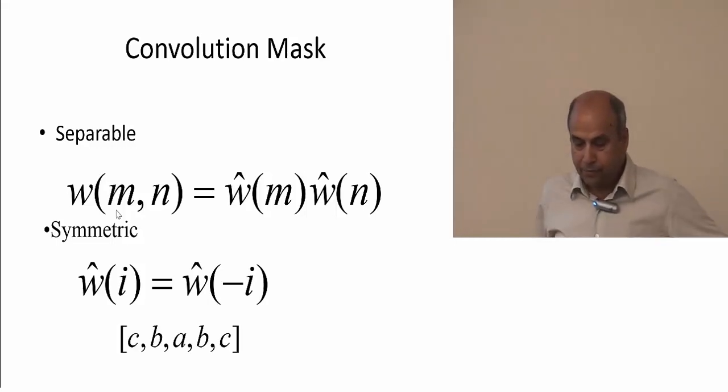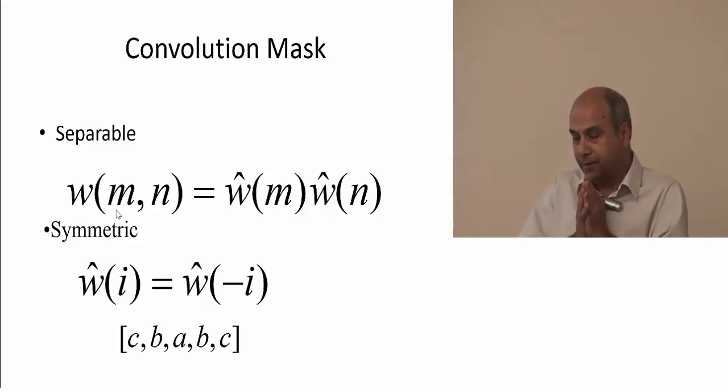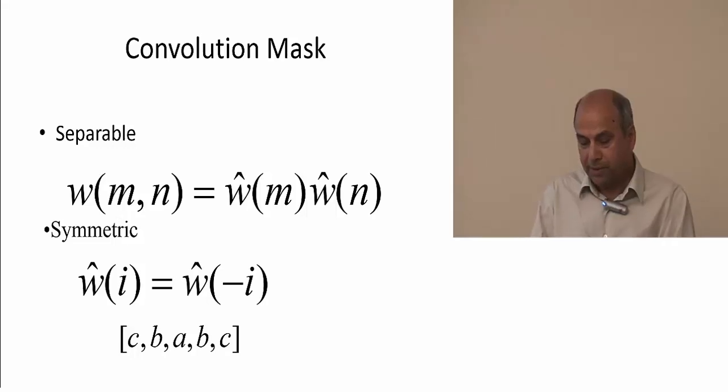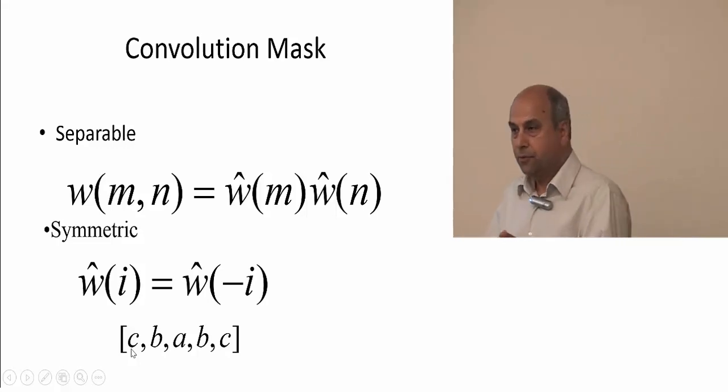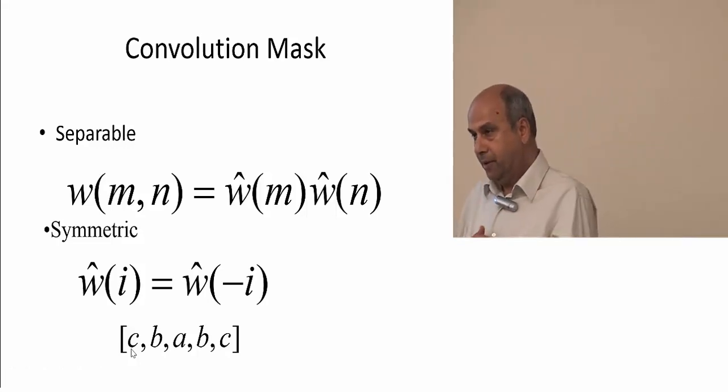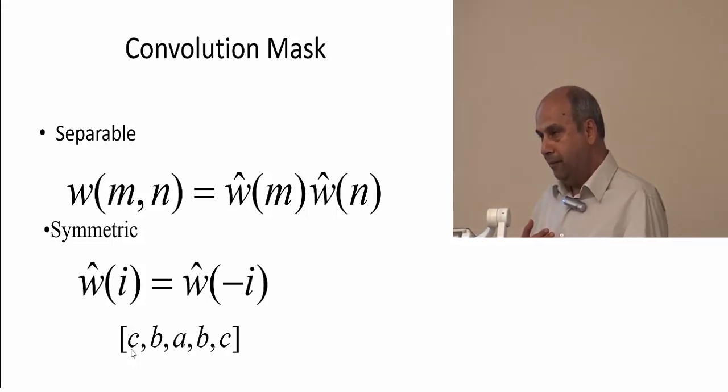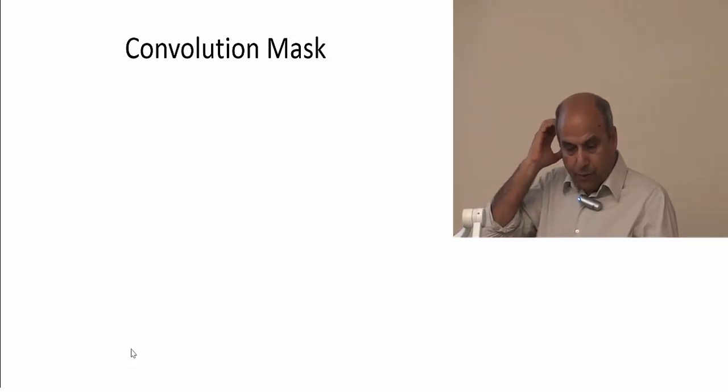Using these 2 constraints, if the center pixel is A, the next pixel B, and the next pixel C, then these have to be B, C. So far we have these weights. It is symmetric, and we are defining a one-dimensional mask.